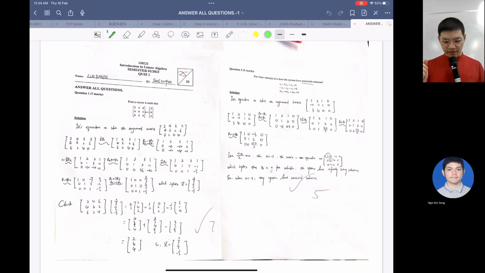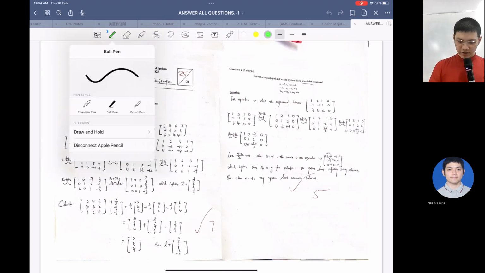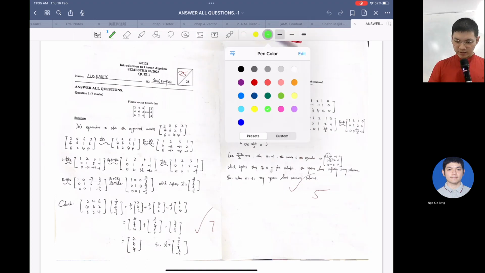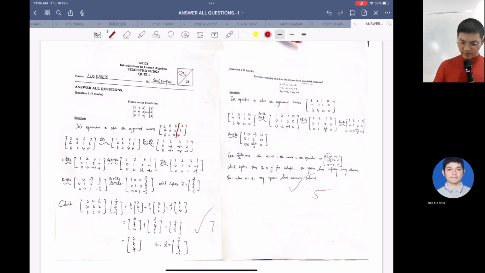After you set up the augmented matrix, it's okay whether or not you put a line. My practice is to put a line in the middle, up to you. Then you solve it until you get the row reduced echelon form, and from the row reduced echelon form you get your solution.